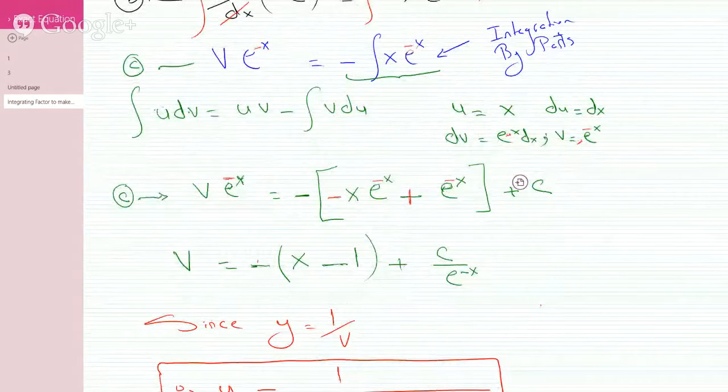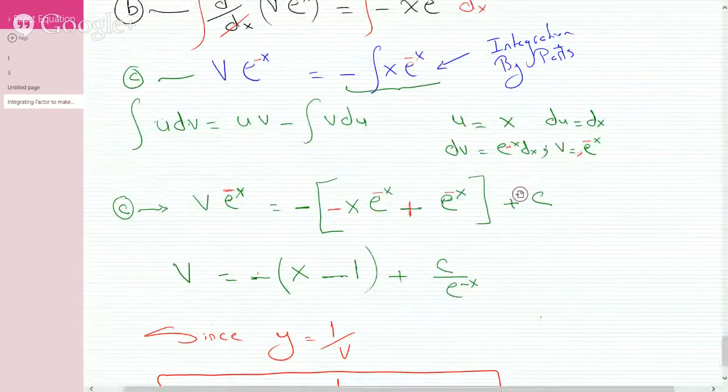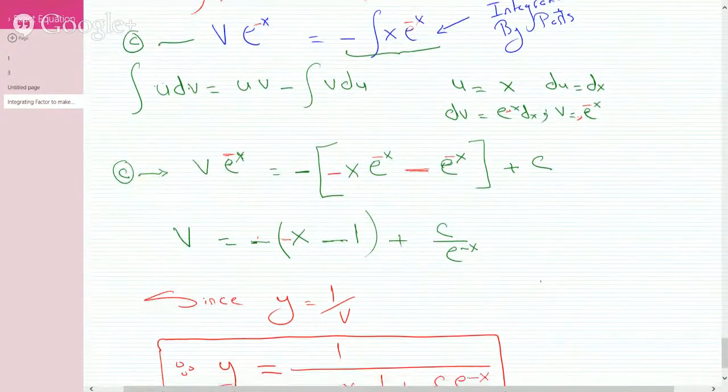So this is uv, which is minus x e to the minus x, minus v du, which would make this, when you integrate it, a minus sign here, right? Because the integral of e to the minus x is minus e to the minus x, which would make this a minus here, okay?